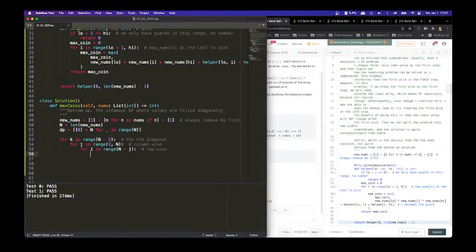So for this, then we can say, for I in this, wait, hold on. This is at each position, right? And if I'm at each position, I still need to, hold on. What is I?